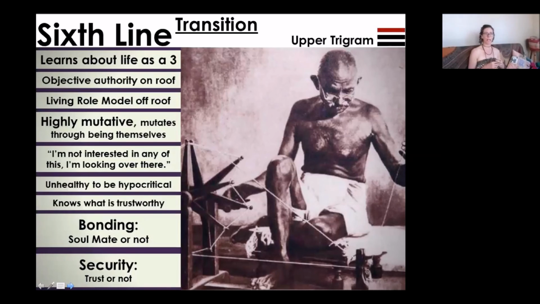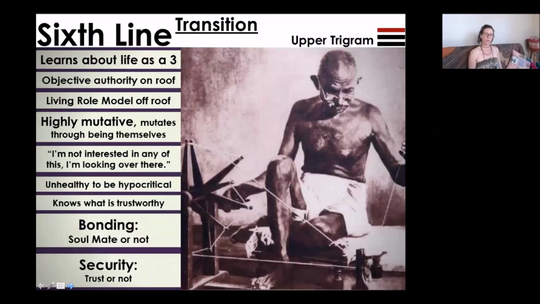I don't even relate to those people that I used to know 10 years ago. I have nothing in common with them, because that Karen died and then a new Karen was born. So that's a mutative person. That's pretty common for a 6, that kind of mutation inside of themselves, and then potentially to be able to help others mutate as well.